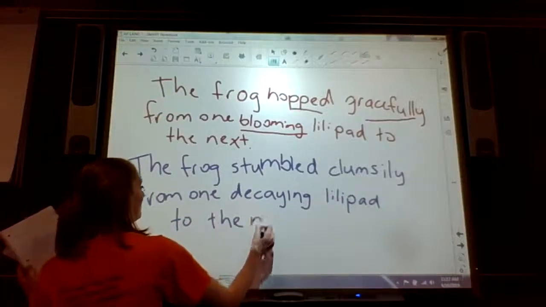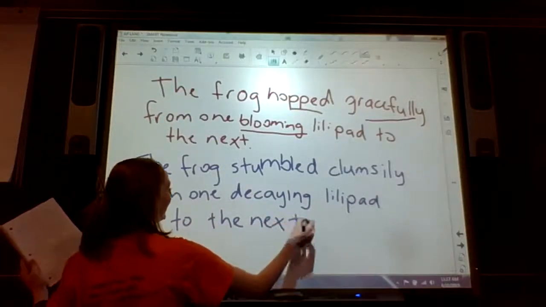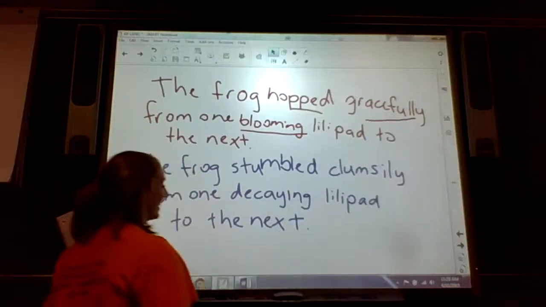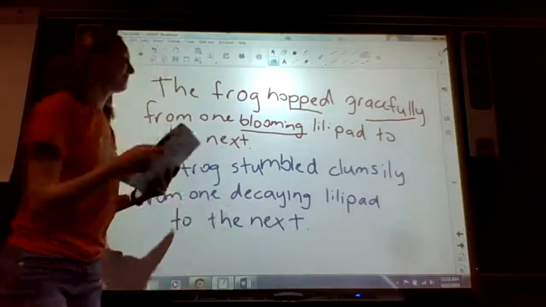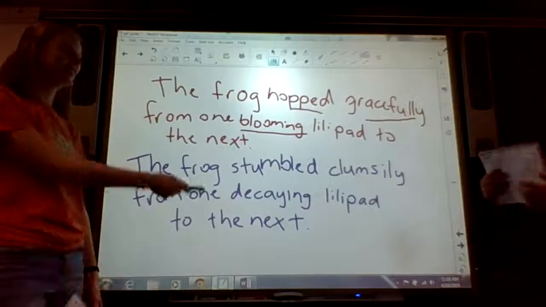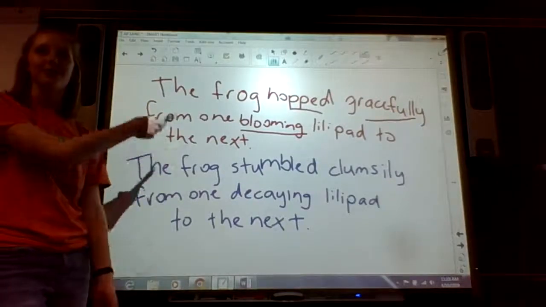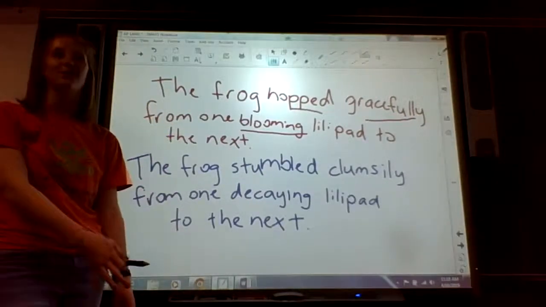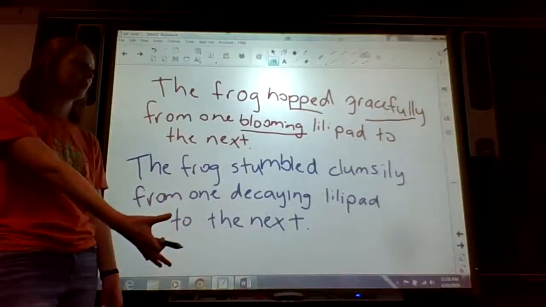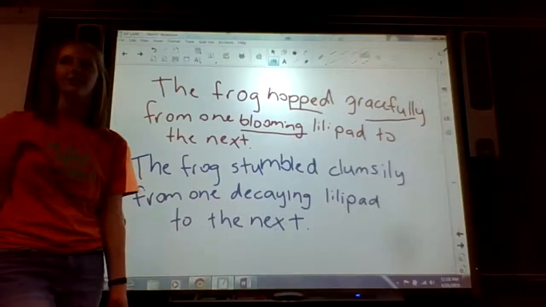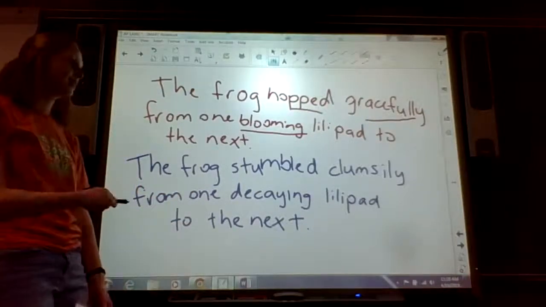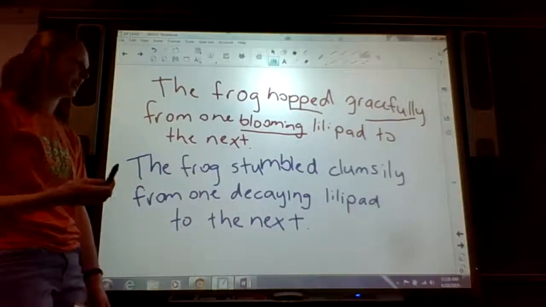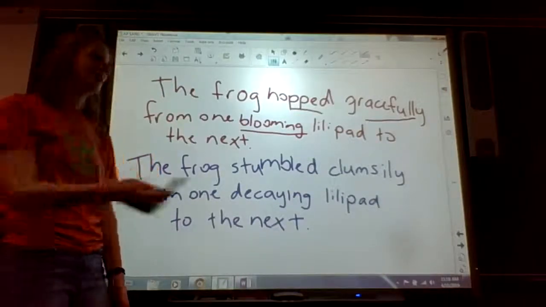Why is it dramatic? Because it's got a lot of modifiers in it. All right, so this has kind of the same structure as the first one, but because we used different modifiers in it, it completely changed the tone of the sentence. So the frog stumbled clumsily from one decaying lily pad to the next.